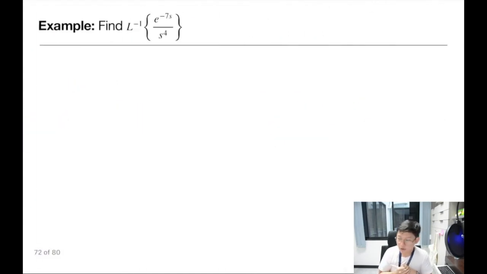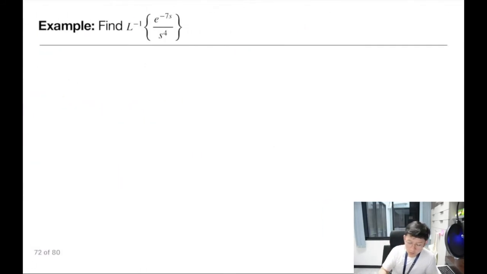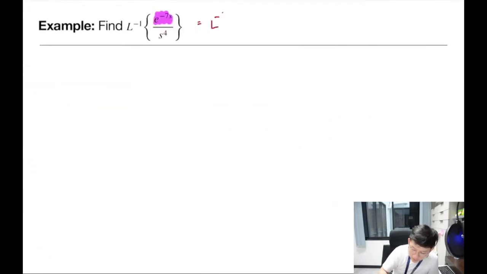Let's look at this example. I want to find the inverse Laplace transform of e to the minus 7s divided by s to the 4. Look here: e to the minus as F(s). So this guy would be e to the minus as. You can write this as e to the minus 7s and then 1 over s to the 4.